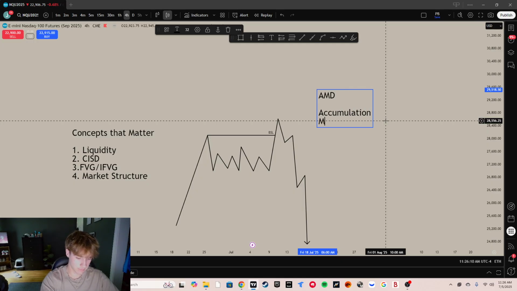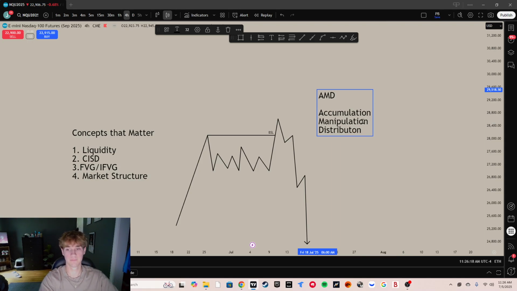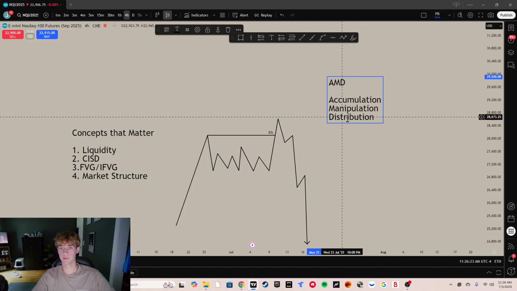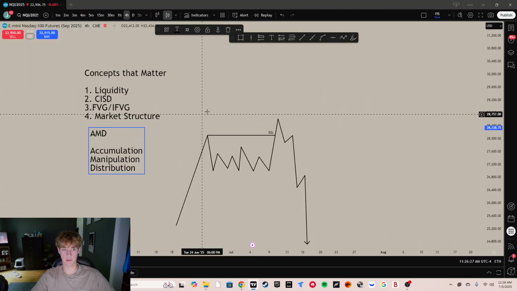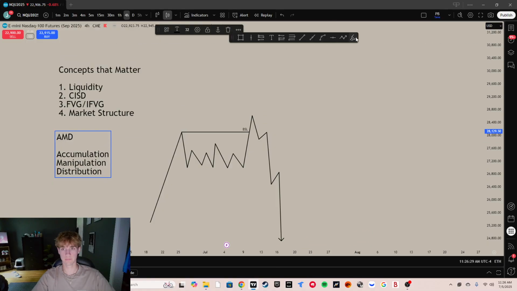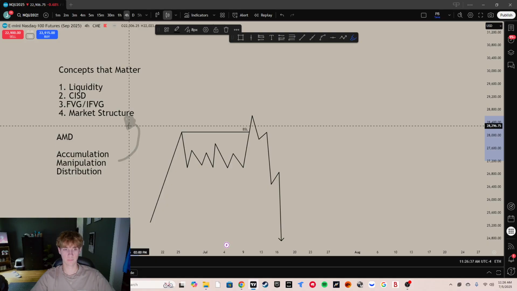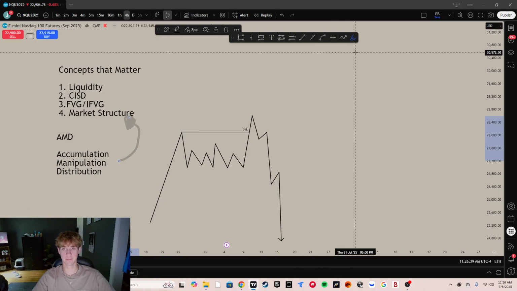Accumulation, manipulation, distribution. Those are your three things right here. And that goes under market structure.